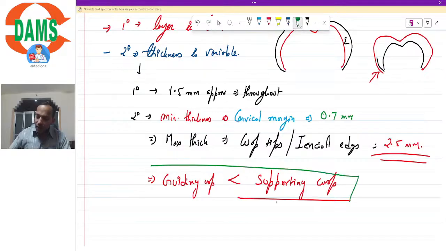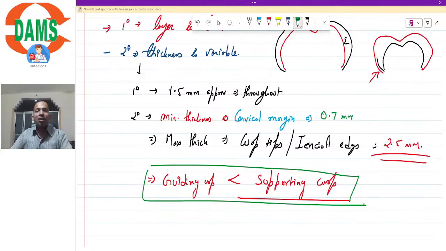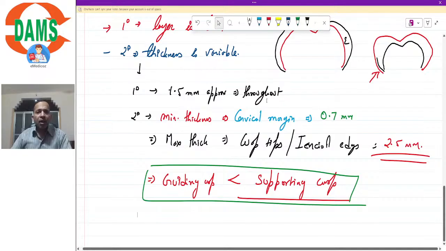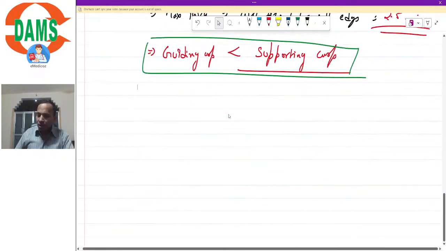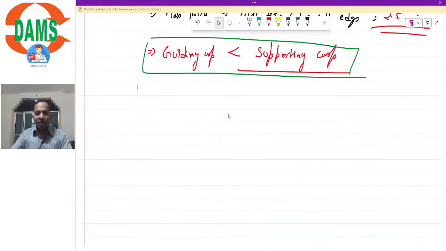So this is one of the points which is the same in both primary and permanent dentition. So this was about the thickness. Thickness is more and variable in permanent dentition, whereas it is uniform and less in the primary dentition.